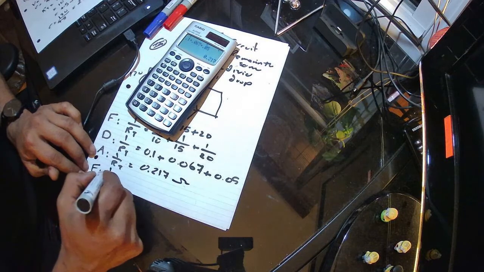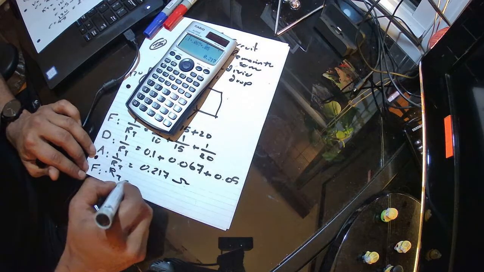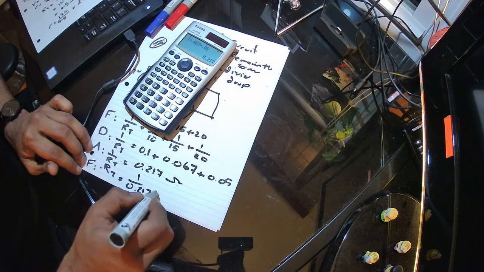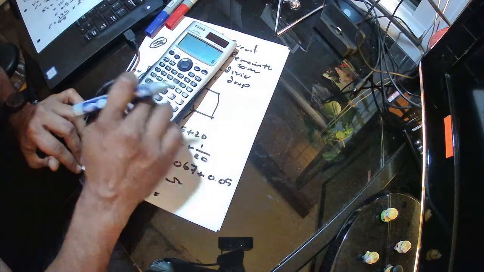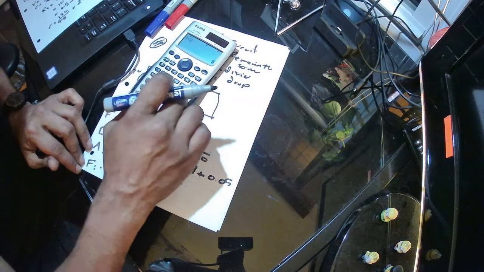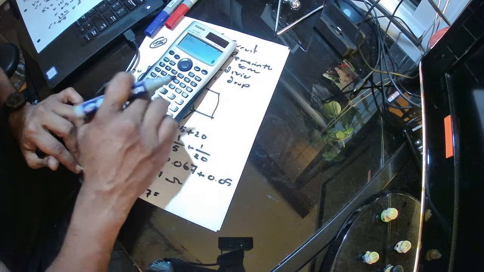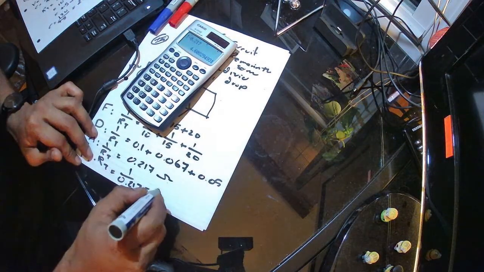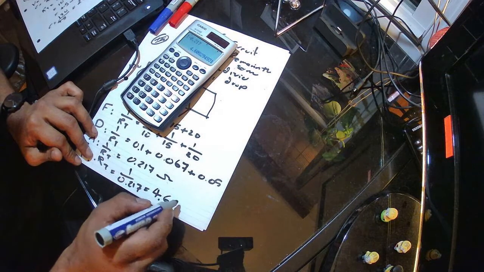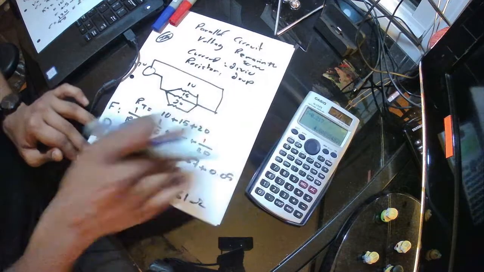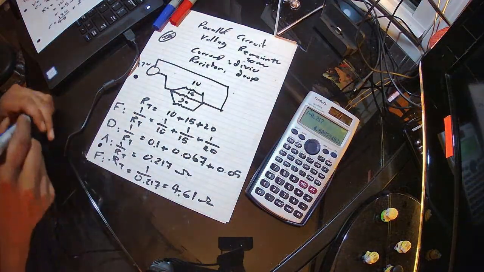Don't forget this part. So RT will equal 1 over 0.217, and I got 4.61 ohm. As you see, the resistance has dropped.